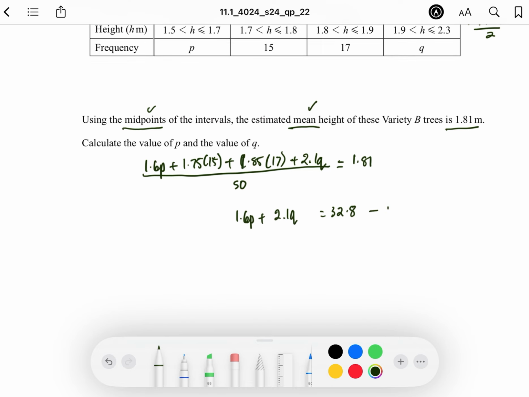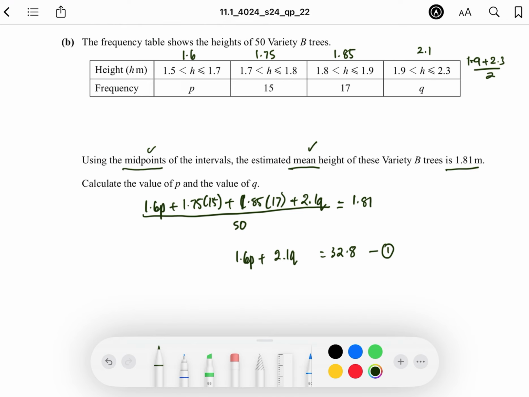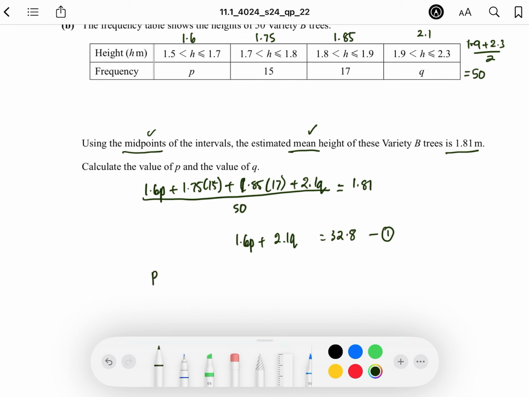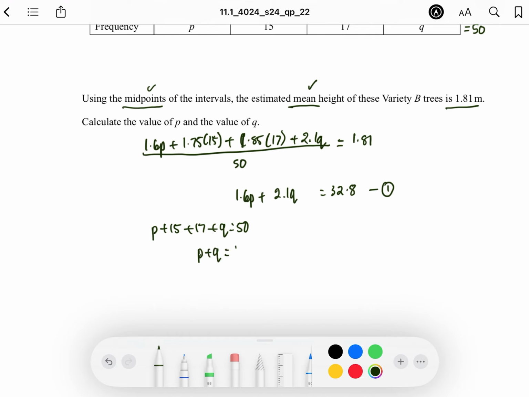So what I'm getting here is an equation, and if you look at this equation, there are two variables p and q. That means I need to have another equation in order to solve this simultaneously. What else am I given? Total frequency is equal to 50. So I can have p plus 15 plus 17 plus q equals 50. Simplify this one, I've got p plus q equals 18.